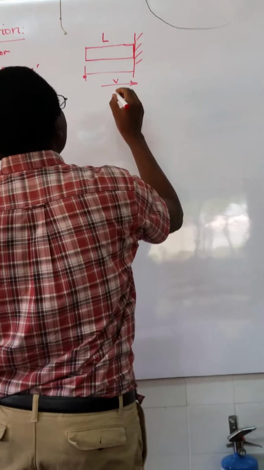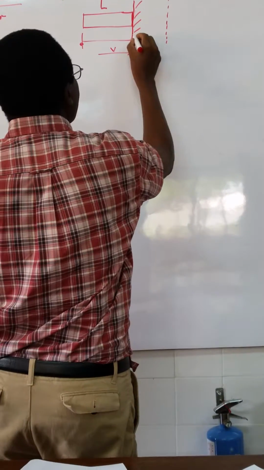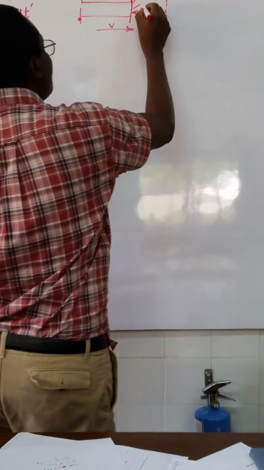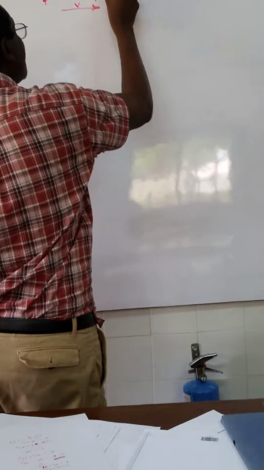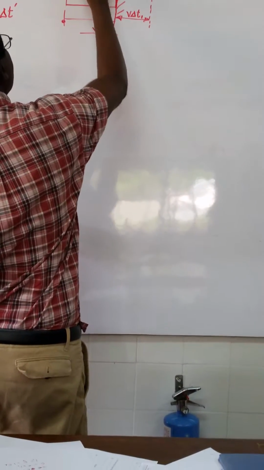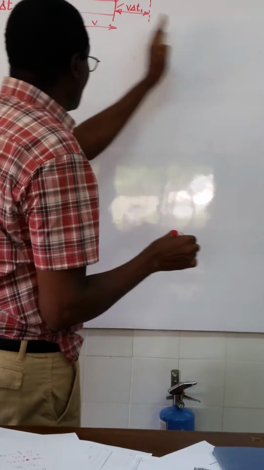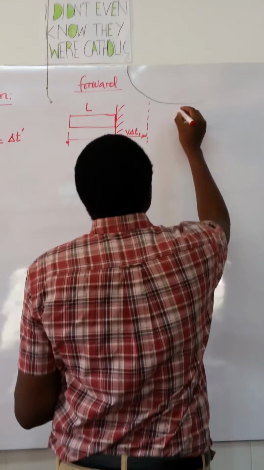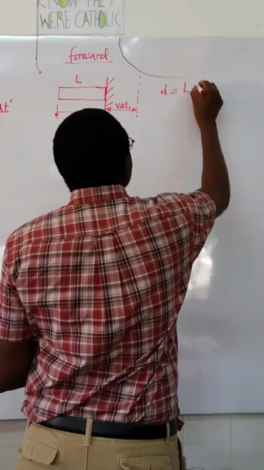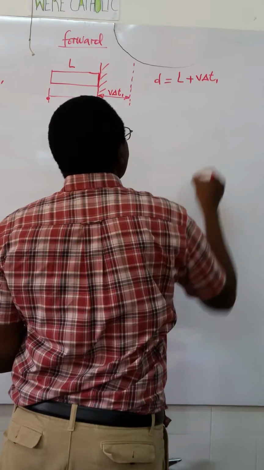He will measure L, and we know he will find the signal is going to find when the light, the mirror has moved some distance, and that distance is velocity times time 1. This is forward signal. So the total distance covered, d, is equal to L plus v t1.